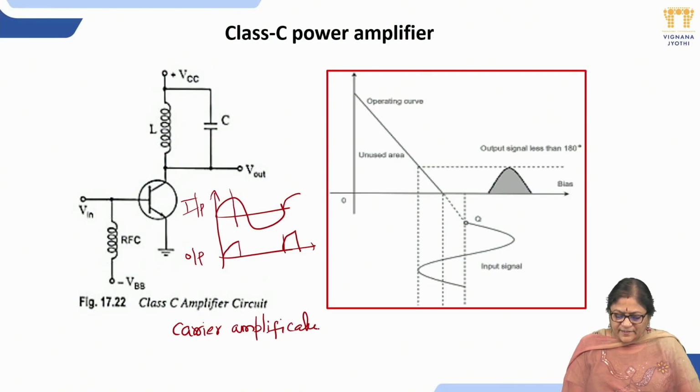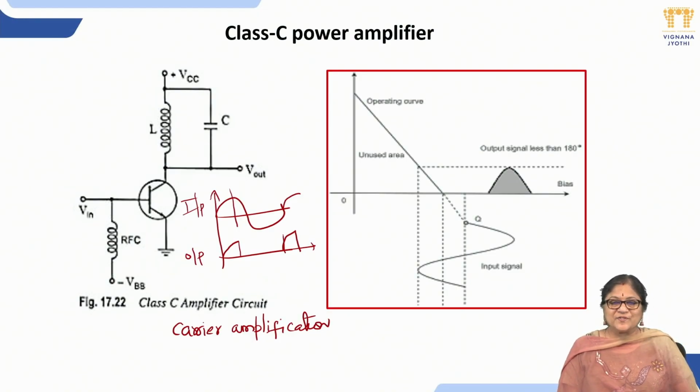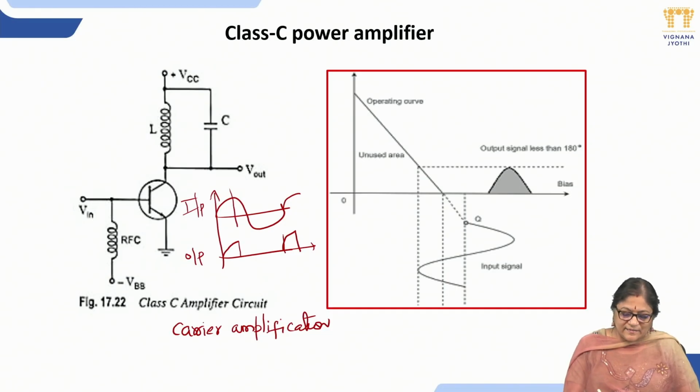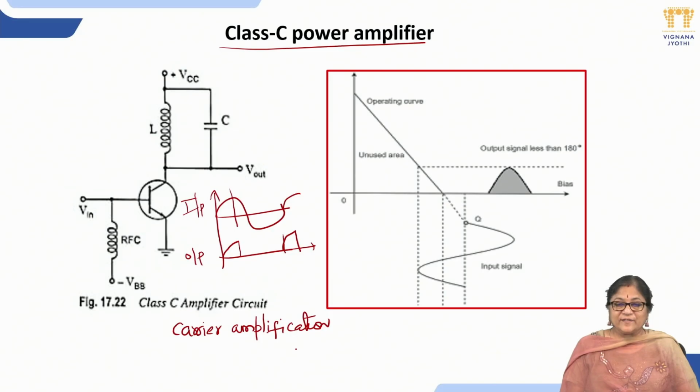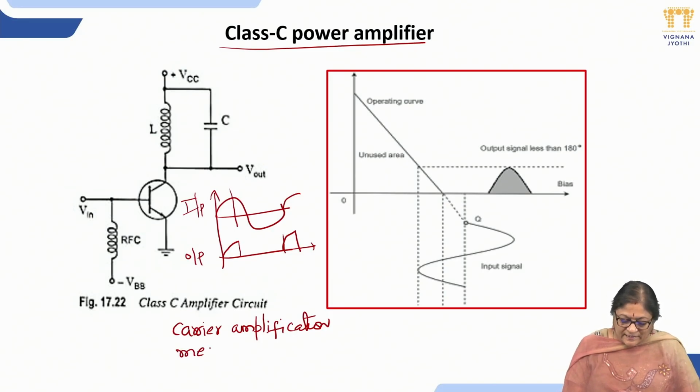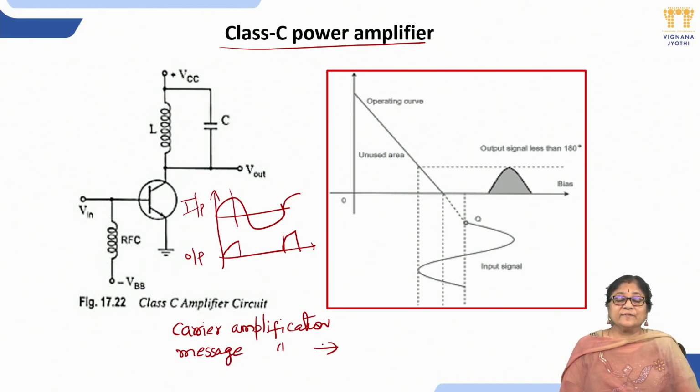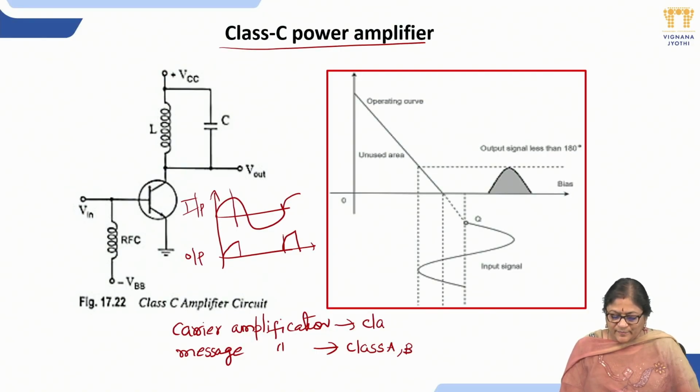Preserving the carrier is not required, because the carrier is not carrying any information, so we can apply class C power amplifiers for carrier amplification, because the carrier must be very strong. But the message signal should be preserved. So for message amplification, class C cannot be used, because the message has to preserve its shape. Otherwise, we are going to lose the information at the output. So for messages, class A and class B will be used. For carrier amplification, class C will be used.